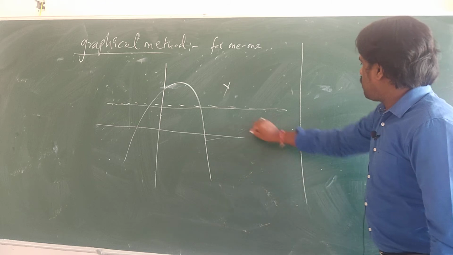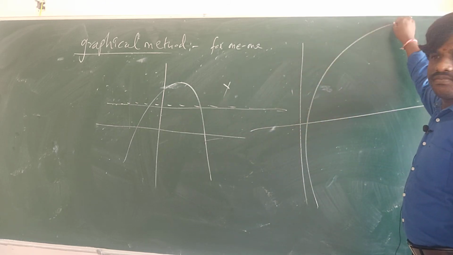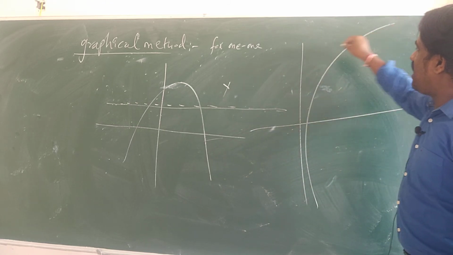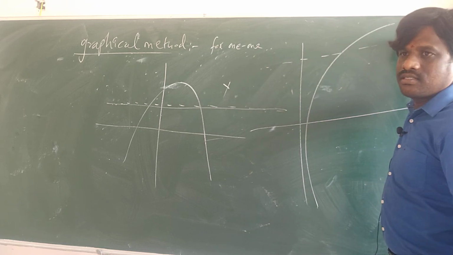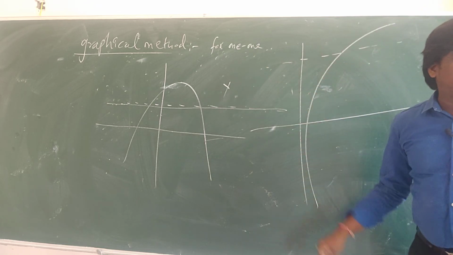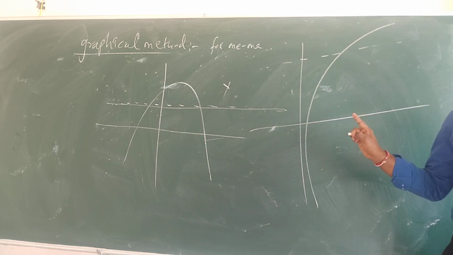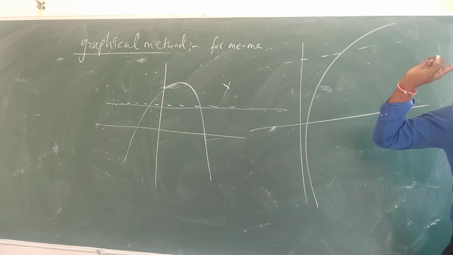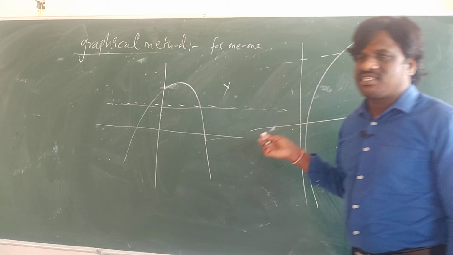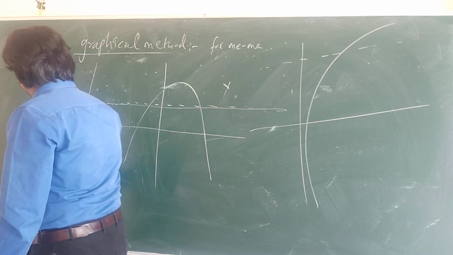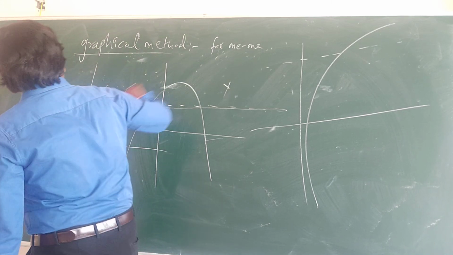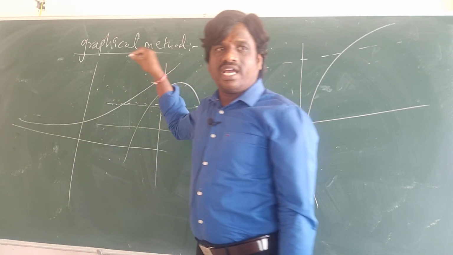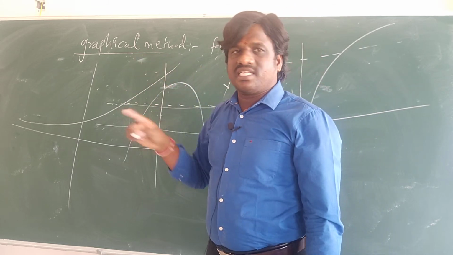Suppose you have the log function. I draw a line parallel to the x-axis, and it intersects the graph at 1 place. So log is a 1-1 function. Now the exponential function will look like this. If I draw a line, it will intersect at only one point.